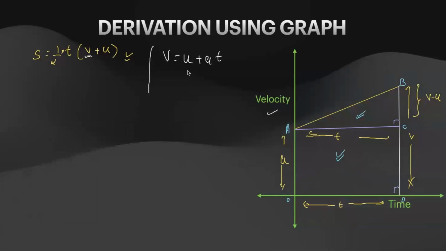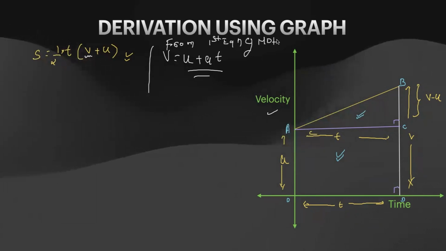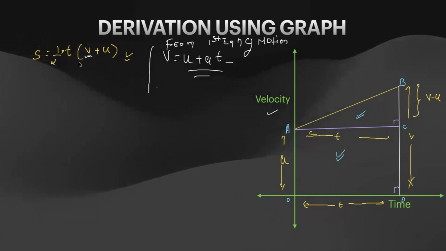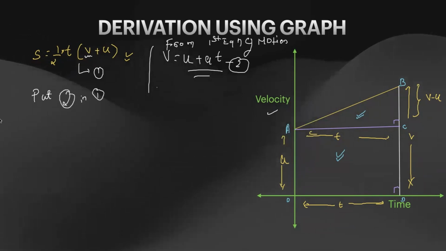So instead of v, put u plus at. I'll mark S equal to half t into v plus u as equation number 1 and v equal to u plus at as equation number 2. So putting 2 in 1, what do you get?